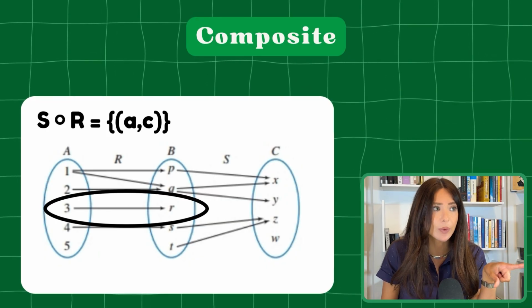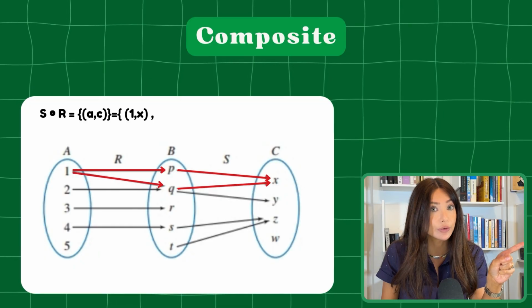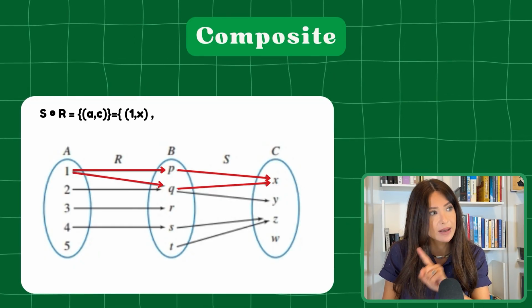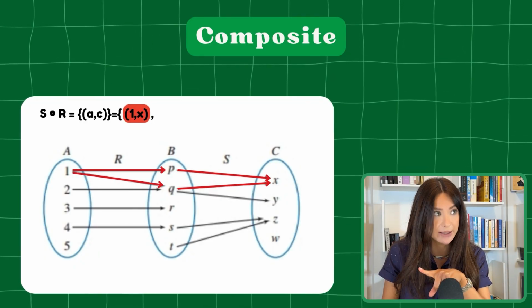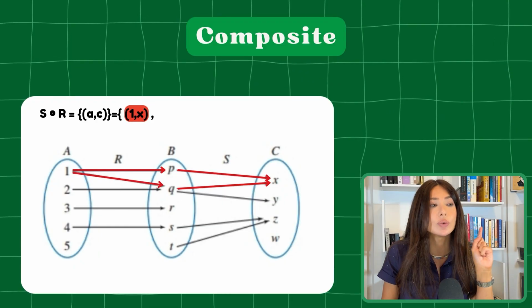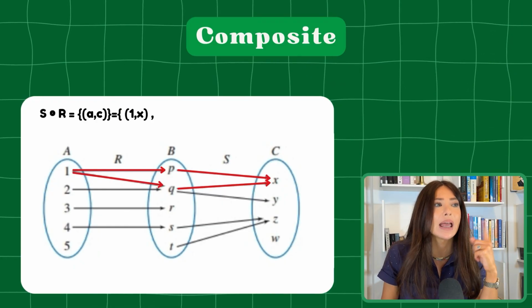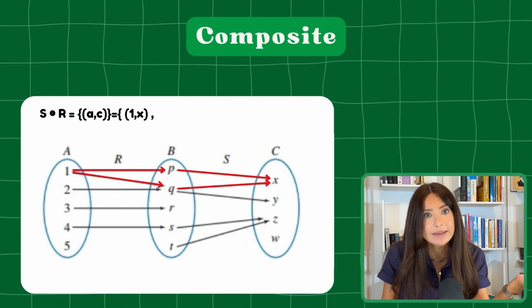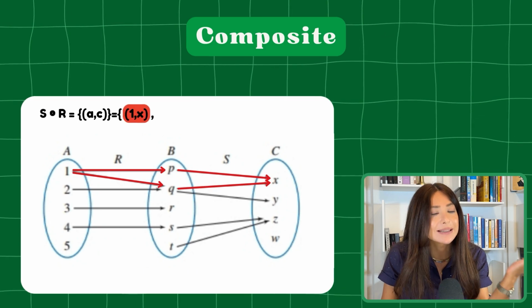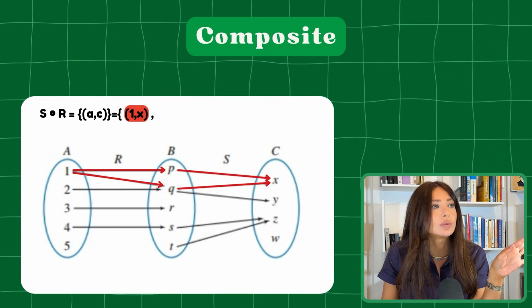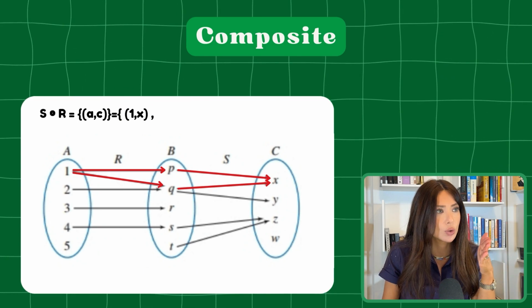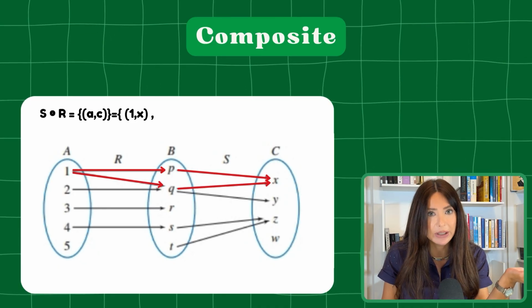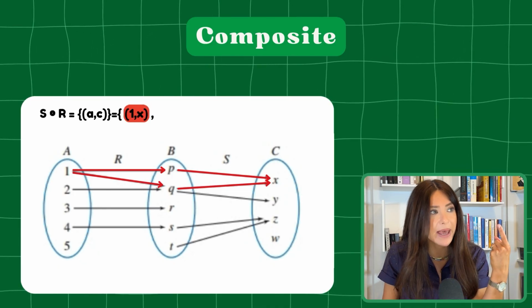Now, the first one is 1 through P and X. So 1, X I should find. Then 1 to Q and X. Okay, I can't have 1, X twice. You can't have repeats in a set. So 1 to P and Q didn't give me anything unique. I just took one pair from that.